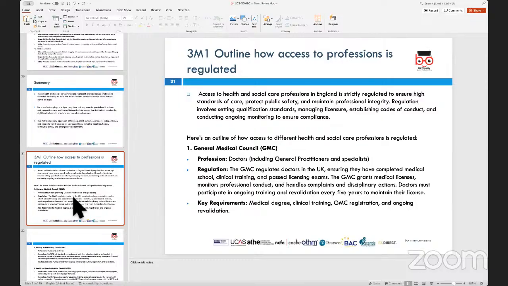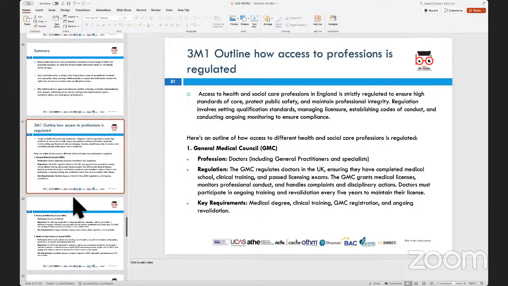So there are lots and lots of bodies, but I have listed a few in their order of relevance. We are aware of, for example, the General Medical Council. This is a council which regulates and sets the code of practice, standards and policies and procedures for doctors.